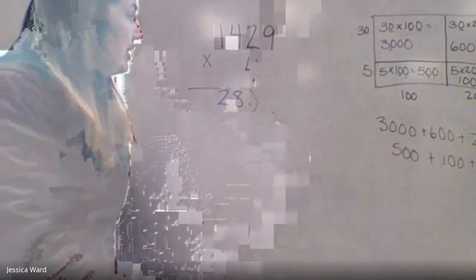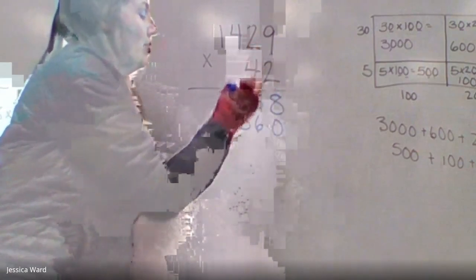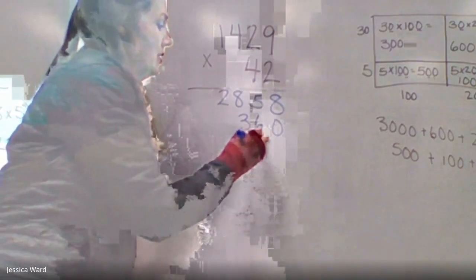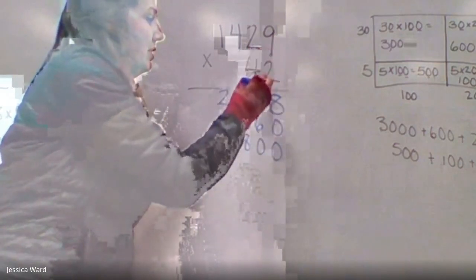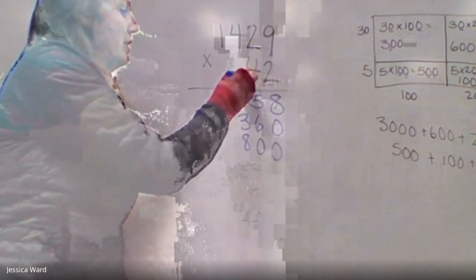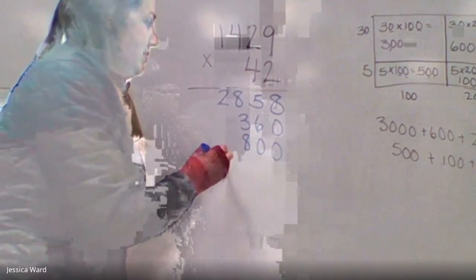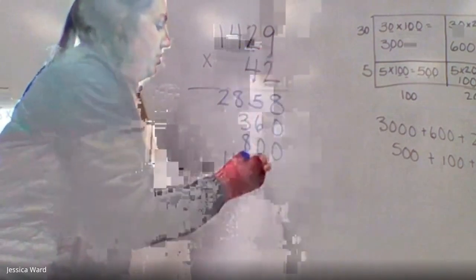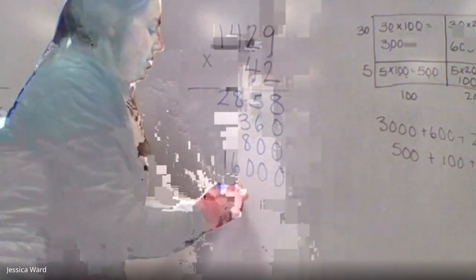Okay, one more time. 4 times 9, still 360. 4 tens times 2 tens is going to get me 8 tens, or 800, because I have a 0 here and a 0 here. 4 tens times 400, I get 16, but I get 1 from the 10 here and 2 tens here. 4 times 1,000 is 4.